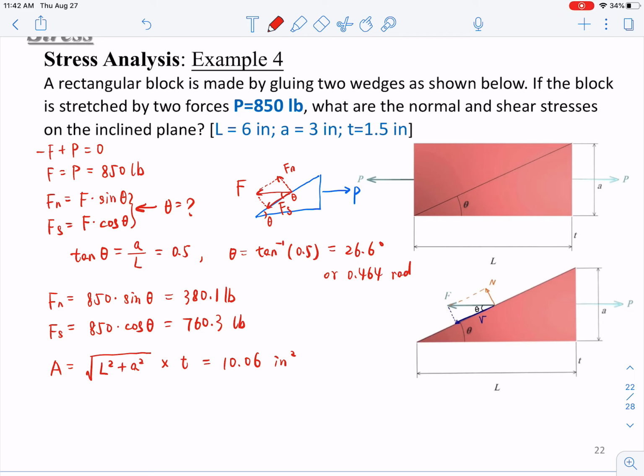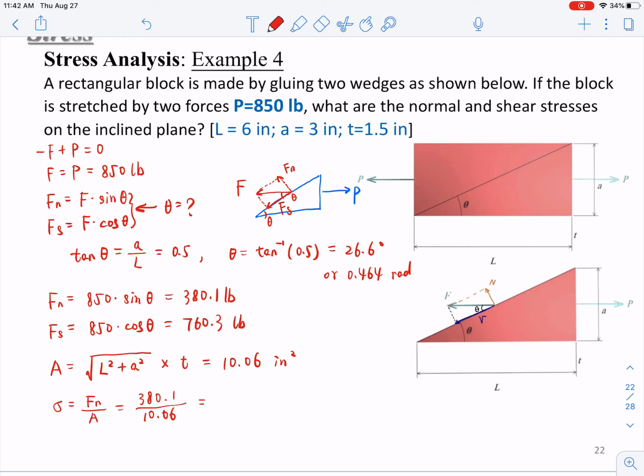So the normal and shear stresses can now be calculated. The normal stress sigma will be the normal force over A, 380.1 over 10.06.